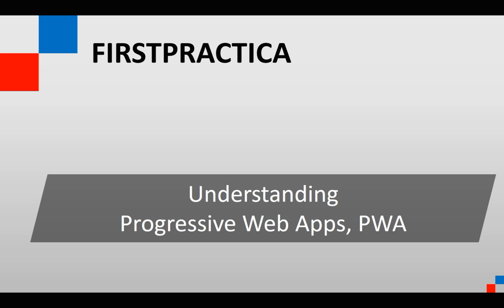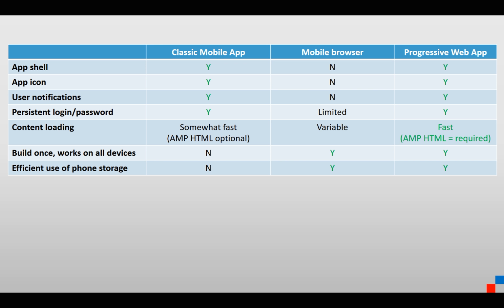Basically these three things, the classic app, the browser, and the progressive app, is basically the convergence of these two. So this is a very simple table. It's probably missing a few details, but it gives the idea. It gives the idea of going from the left to the right.